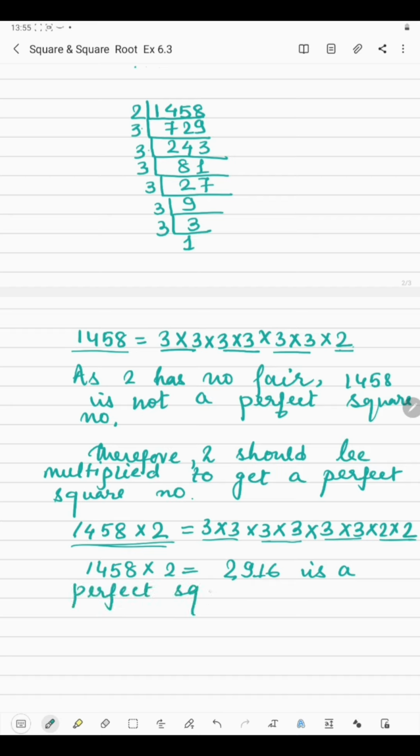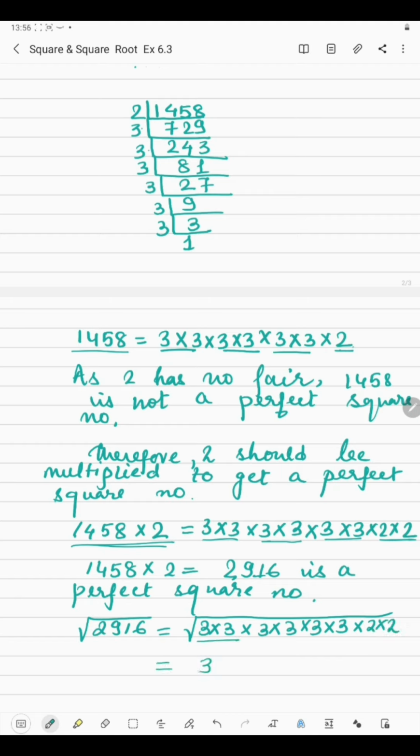Okay. Now after getting the perfect square number, you will have to find the square root. So the square root of 2916, we'll write the numbers which we have got. 3 multiplied by 3 multiplied by 3. Here we have total 6 3s and then 2 2s. Okay, so from the pair we'll take one number.